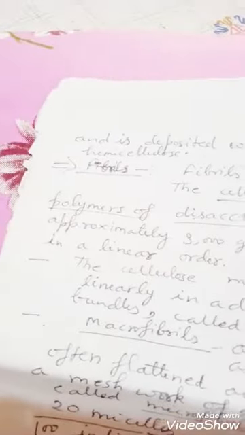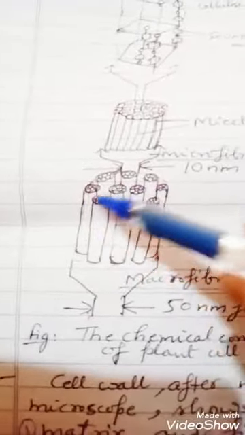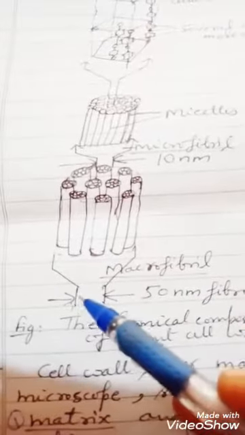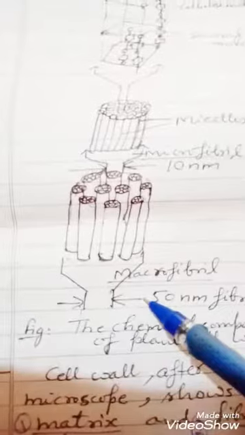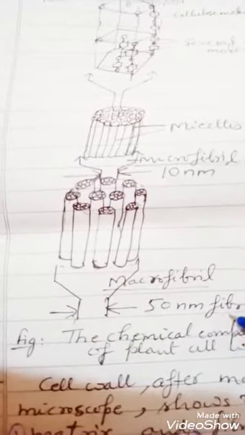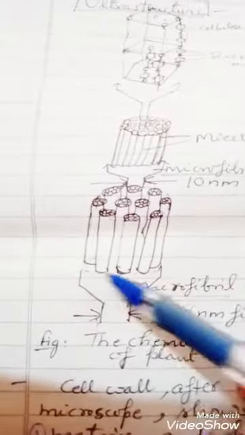The cellulose molecules are arranged linearly in definite longitudinal bundles called macrofibrils. You could see the macrofibrils. This entire structure is the macrofibril, and the diameter of a macrofibril is 50 nanometers.